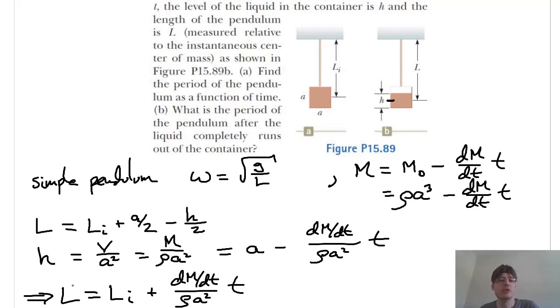So the length does increase with time, and therefore the frequency will drop as the liquid drains out. Longer pendulums swing slower. And so, it's not that the frequency depends on the mass, it really just depends on how the length increases as time goes on.